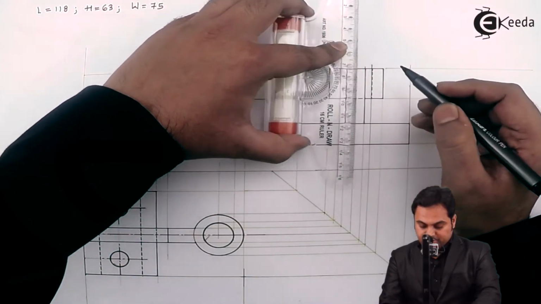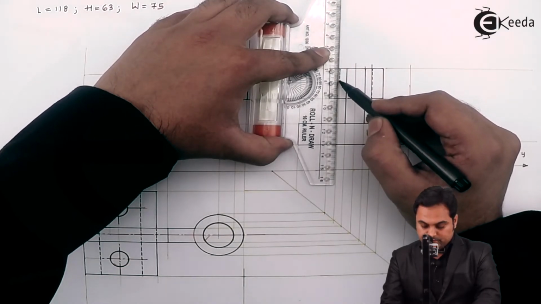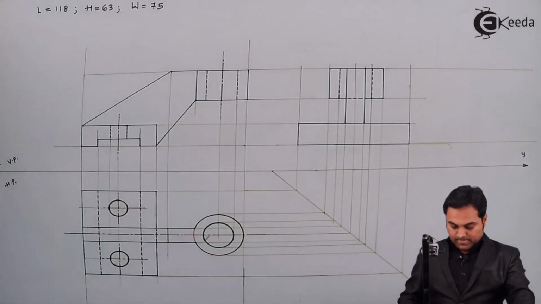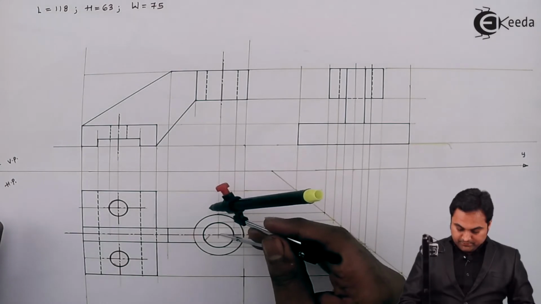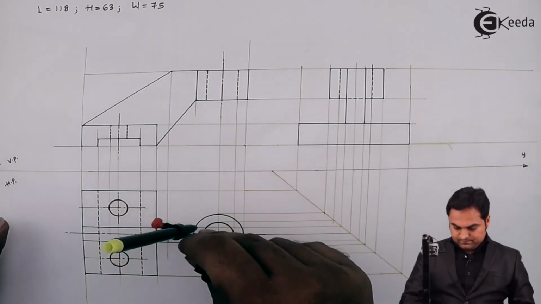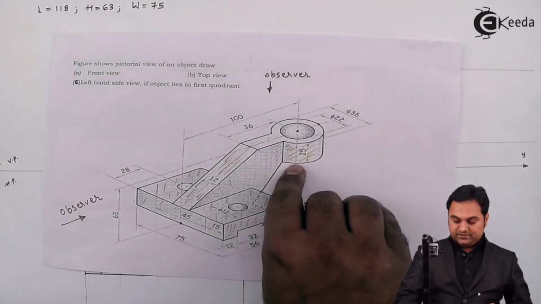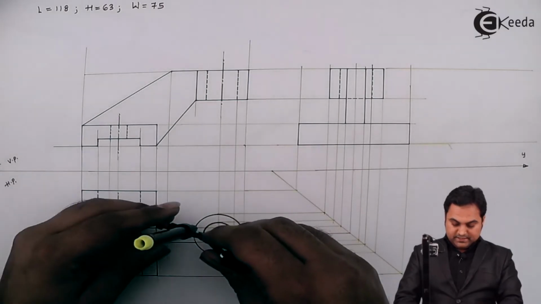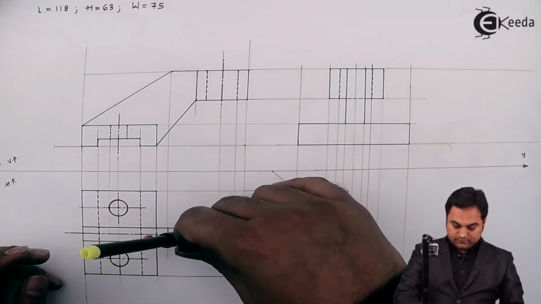So this is the hidden circle inside the cylinder. Here in the top view, one thing was left, that is the remaining part of this circle. When we are looking from the top, there is another circle at the bottom. So for that, I am completing this as a hidden circle up to this point.